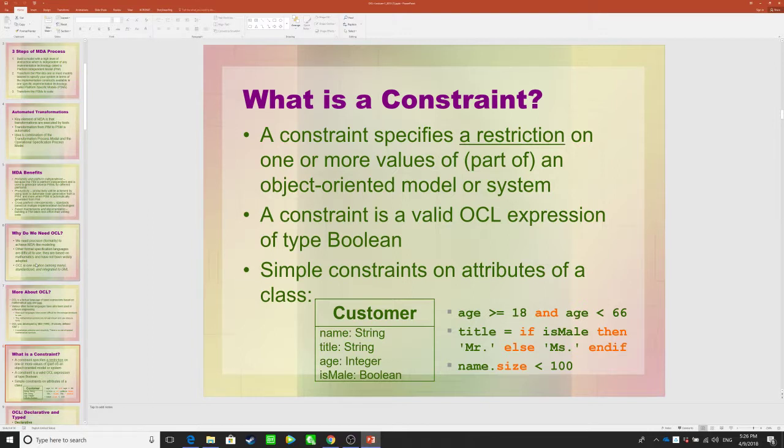So we can put these constraints as an expression of a Boolean type, which is pretty similar to what we did in predicate calculus. Remember, predicate calculus and propositional calculus are of a Boolean type, right?